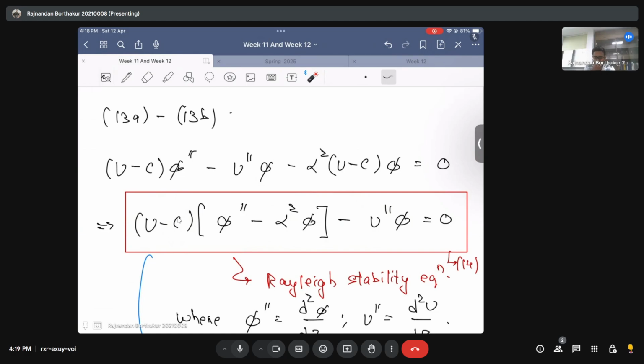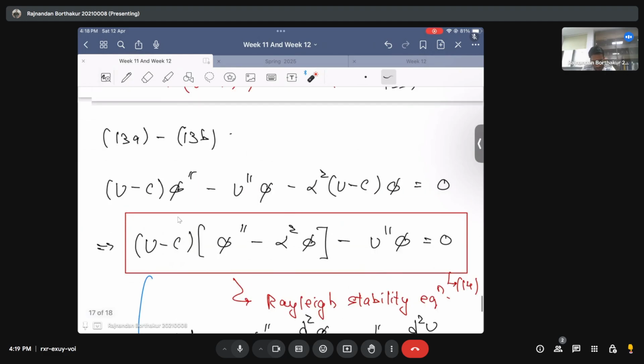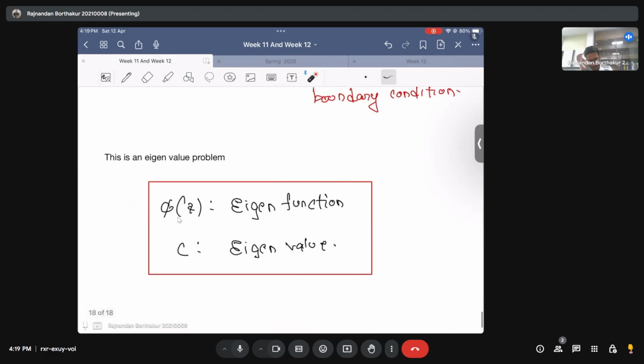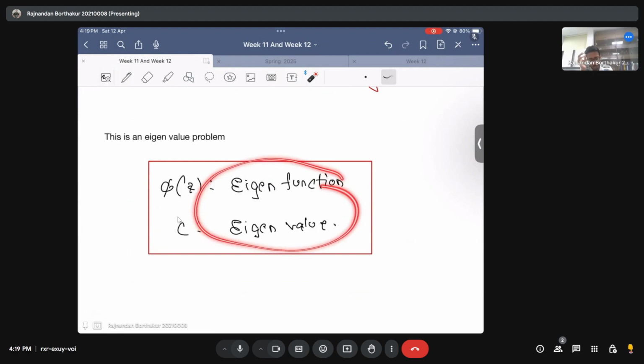There are multiple reasons why it is a little hard, but yes, this is the case. You can see the number of steps we used just to get up to equation 14, which is a single equation that determines how the eigenvalue and eigenfunction corresponding to C and phi will evolve.